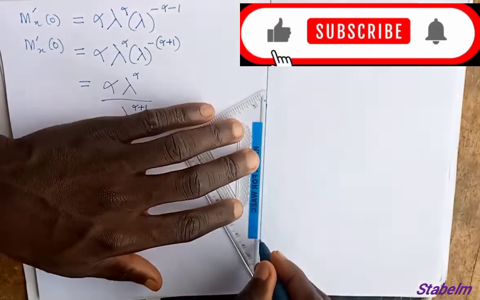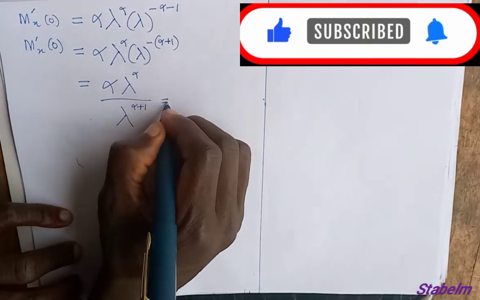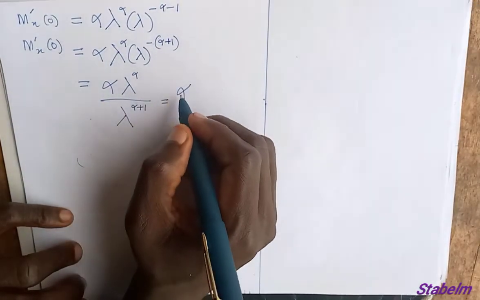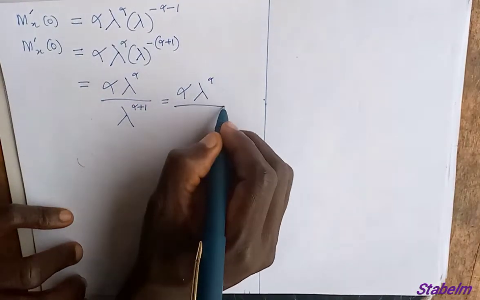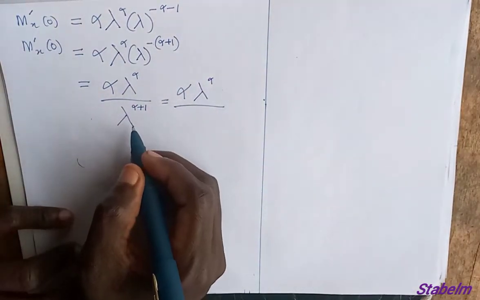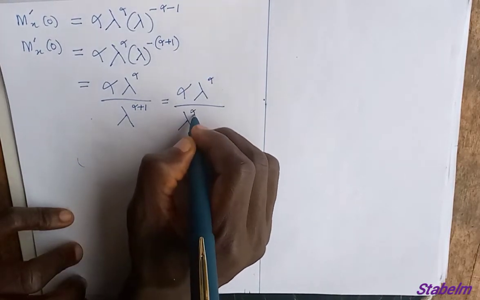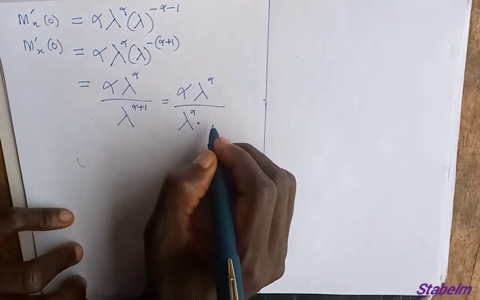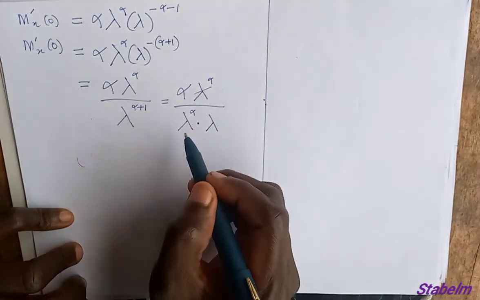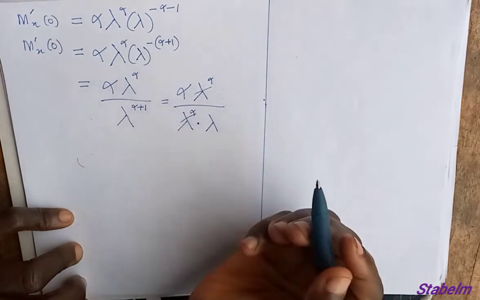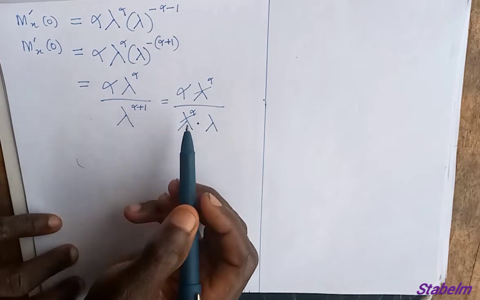So we can write this easily and say alpha lambda raised to power alpha divided by lambda raised to power alpha plus 1, so we can split this into 2, which is going to give us lambda raised to power alpha multiplied by lambda. So this alpha lambda and this alpha lambda are going to cancel each other. So what we are left with now is alpha over lambda.